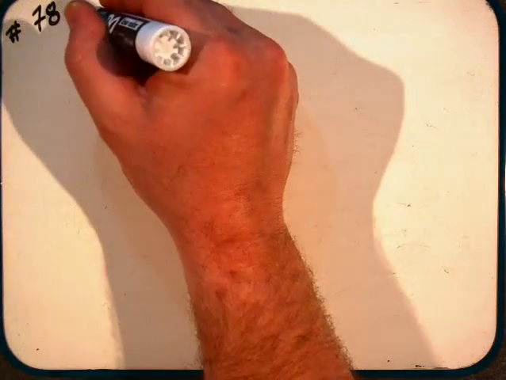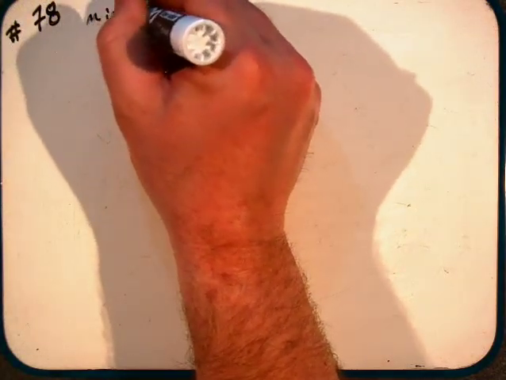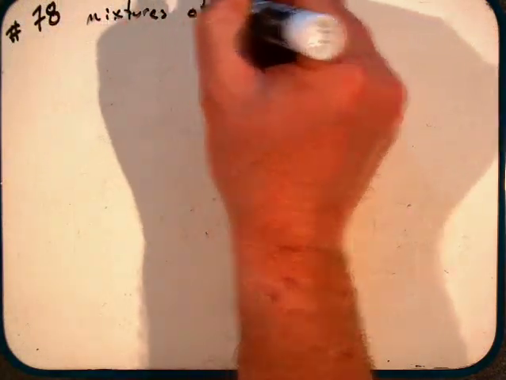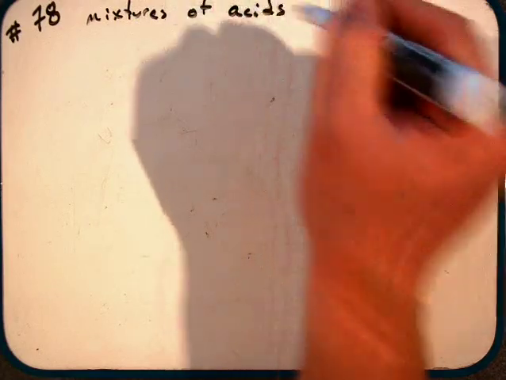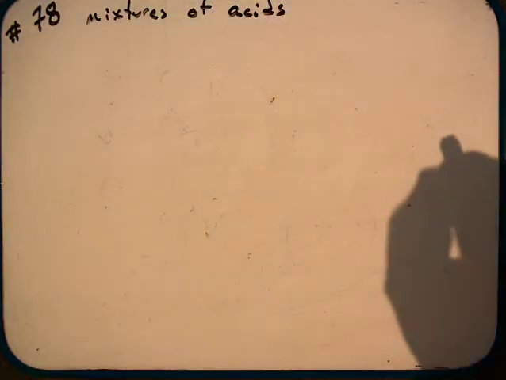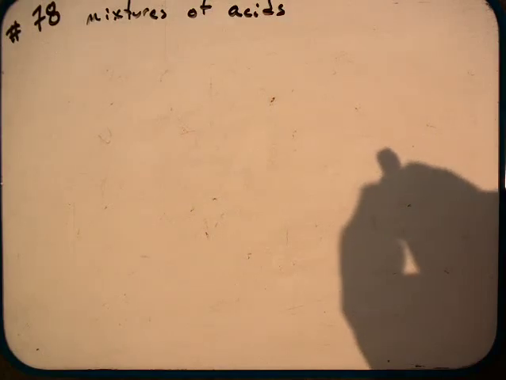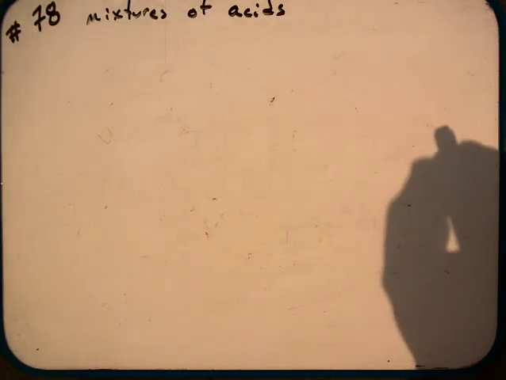This is number 78 in chapter 15. 78 has multiple parts, and it's looking at mixtures of acids. I'm only going to do part B and part C, and then I think hopefully that will give you the point.